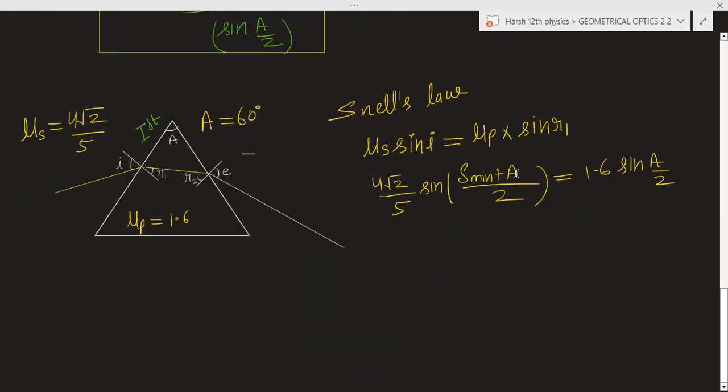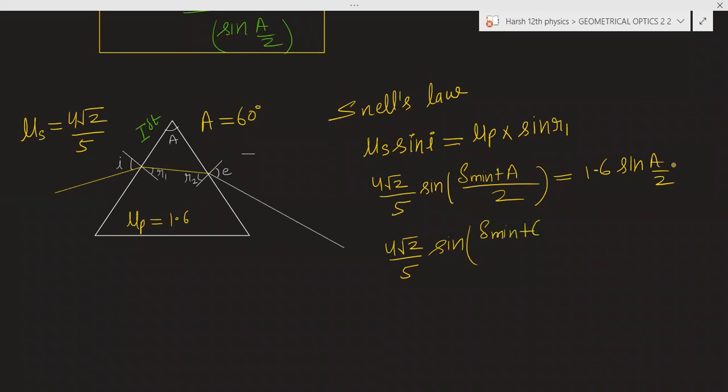So in terms of A, you will put 60 degrees. So it will become 4 root 2 divided by 5 times sine of (delta minimum you have to find plus 60 degrees) divided by 2, equal to 1.6 multiplied by sine of A by 2.